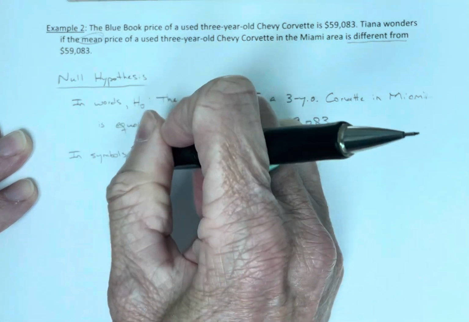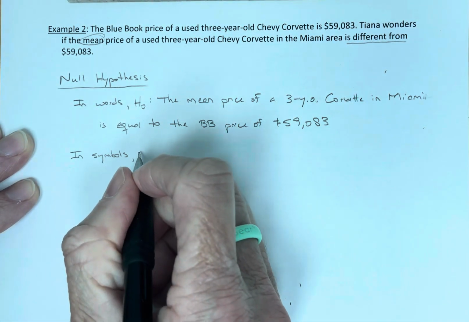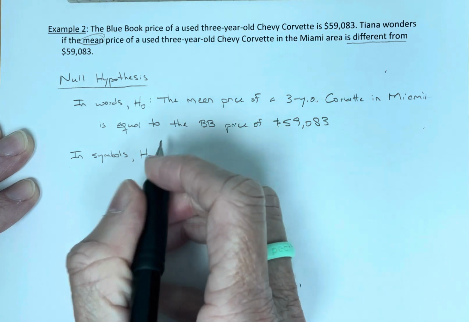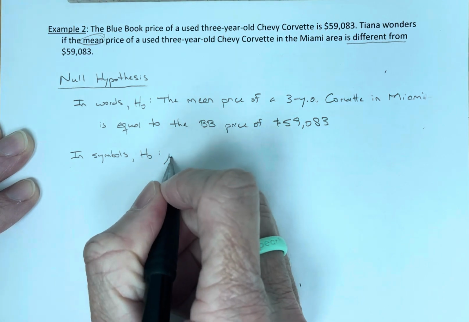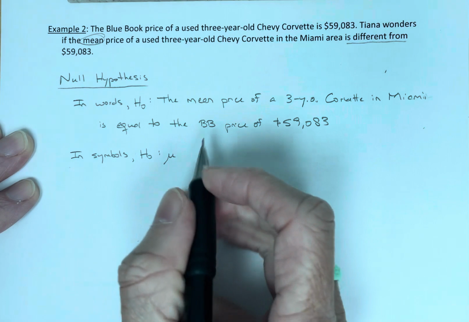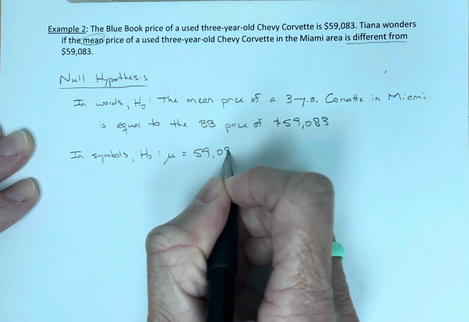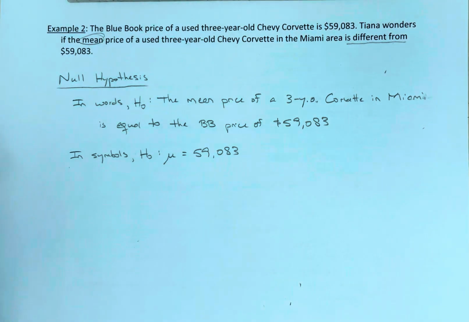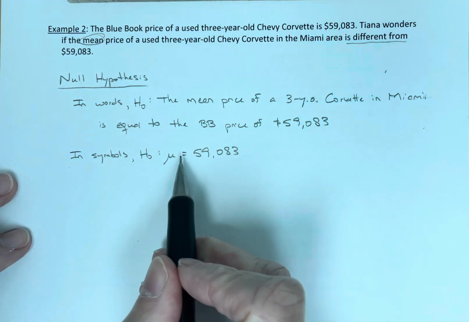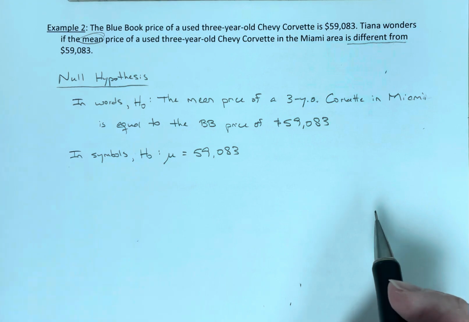Okay, in symbols we have H naught, H sub 0. The population mean mu is equal to 59,083. Our null hypothesis is always a statement of equality.